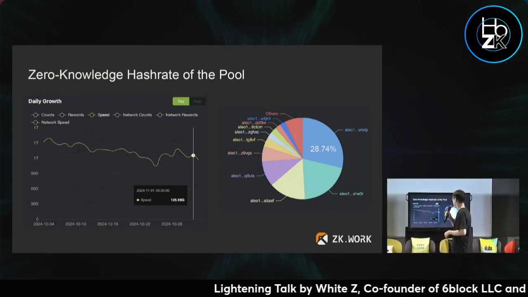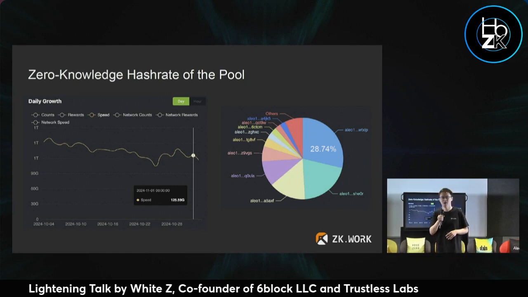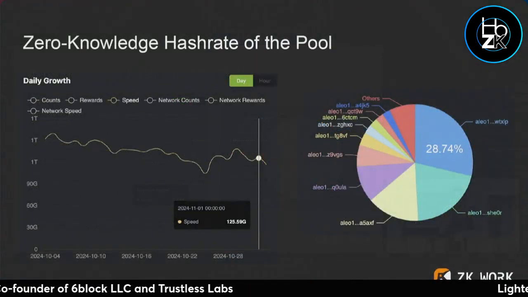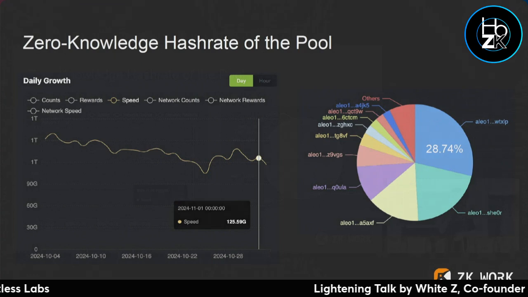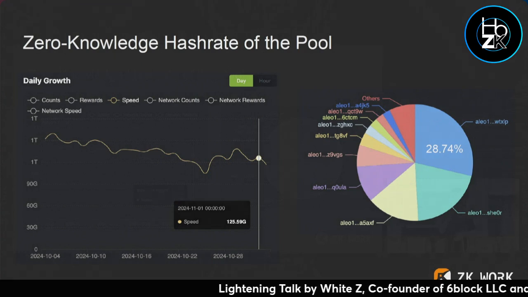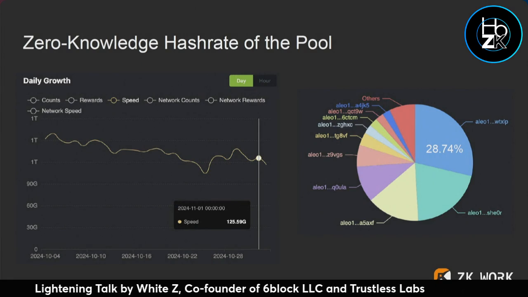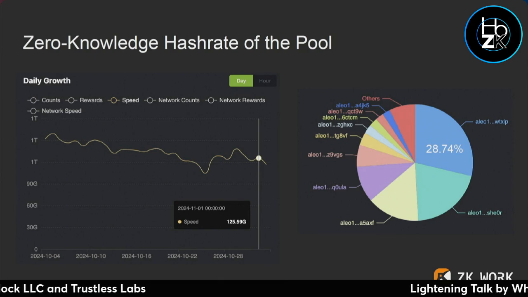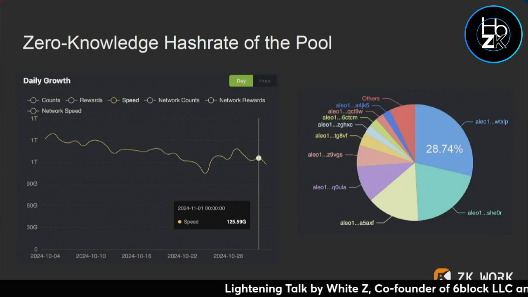Aleo mainnet. And right now our hash rate is more than 100 hashes per second. You can see the number is very big, which means more than 125 proofs are generated in our mining pool. So I think that's maybe one of the biggest zero-knowledge proof platforms in the market.